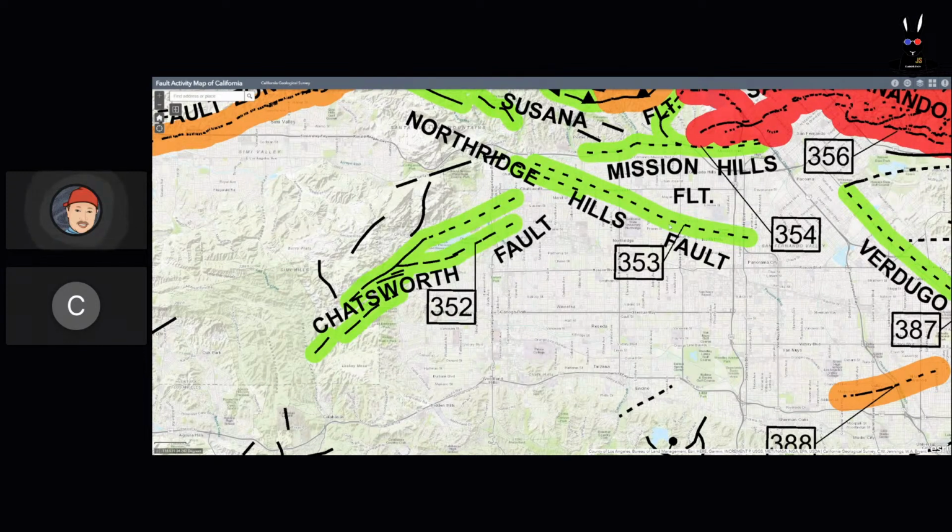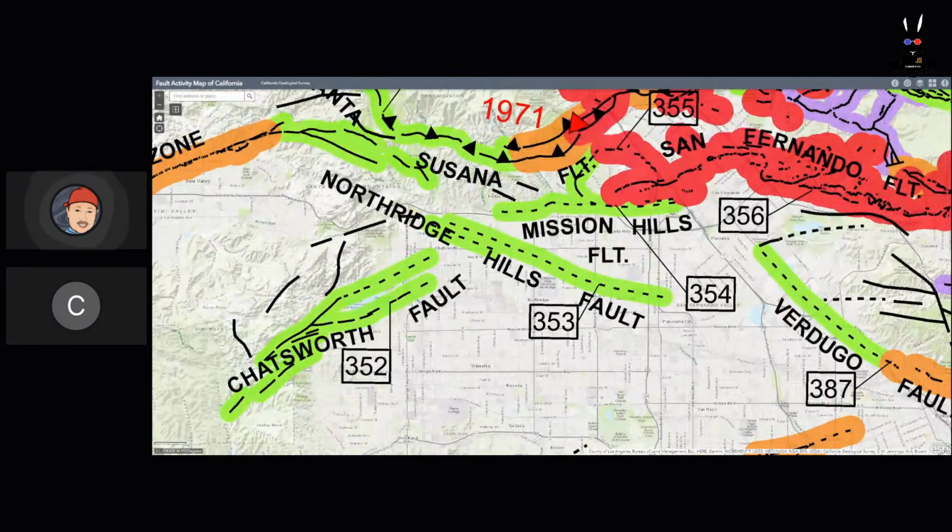So the Northridge goes basically northwest to southeast, crossing Northridge. Chatsworth comes out of the mountains, Calabasas, and moves in a northeast direction into Mission Hills and Granada Hills. You can see that's the fault system, the Santa Susana Mountains, and then we get into the Reservoir Fault, San Fernando.